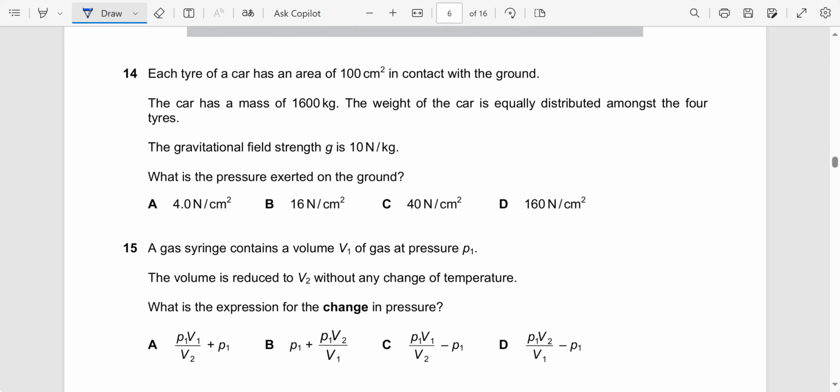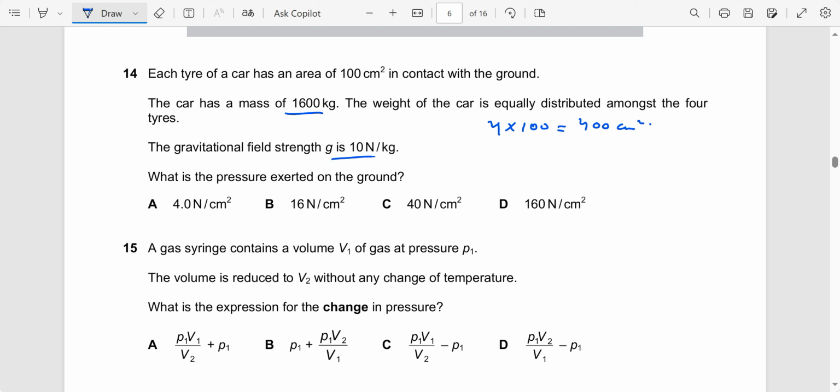Each tire of a car has an area of 100 in contact with the ground. The car has a mass given. The weight of the car is distributed among 4 tires. What is the pressure? So first of all, 4 times 100, because there are 4 tires, so that's 400 centimeter square.